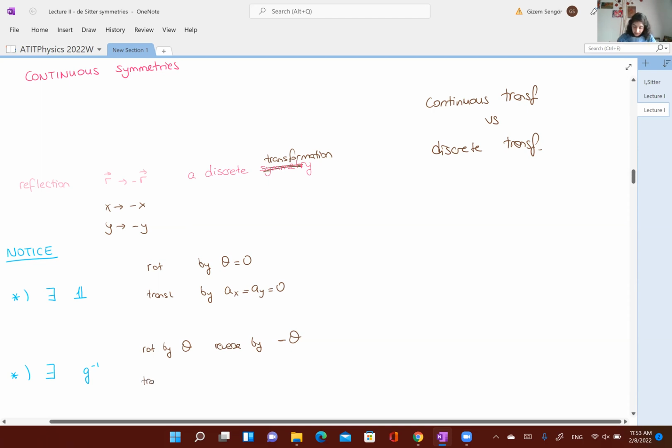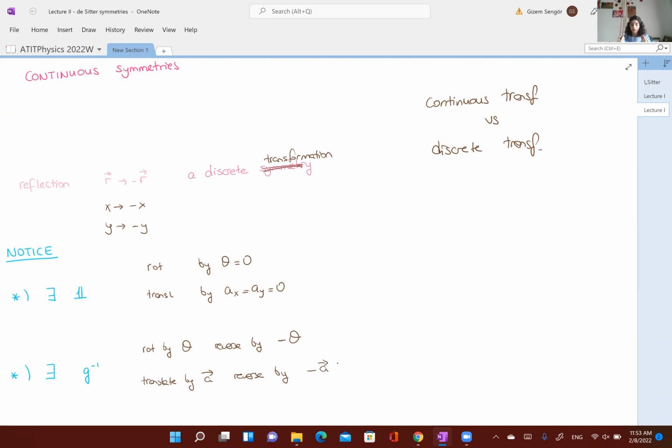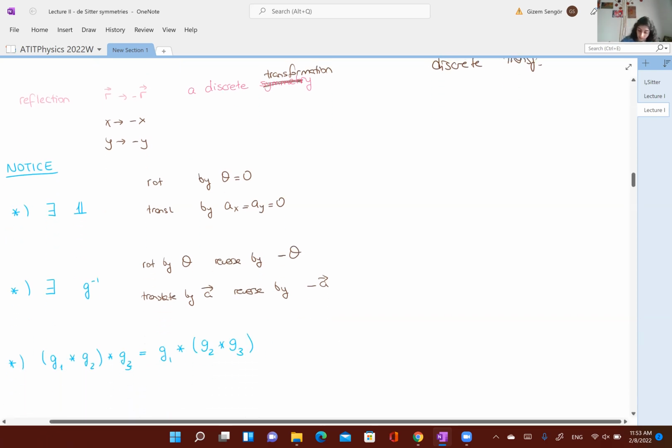You can translate by A and then reverse this by translating by minus A. So you can always translate and then go back. So there are these inverse versions of all these transformations we are talking about.